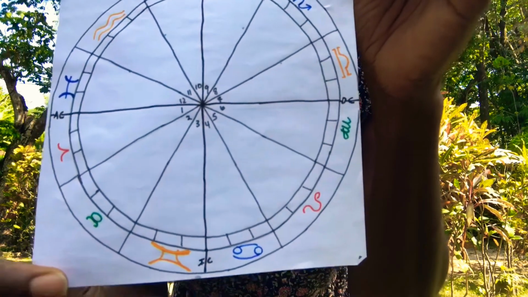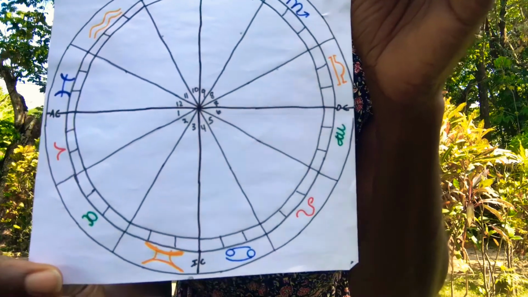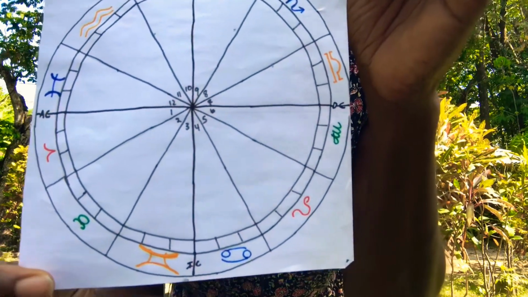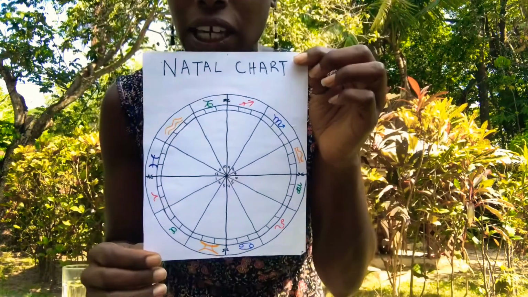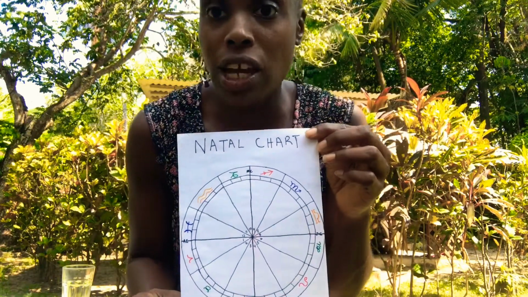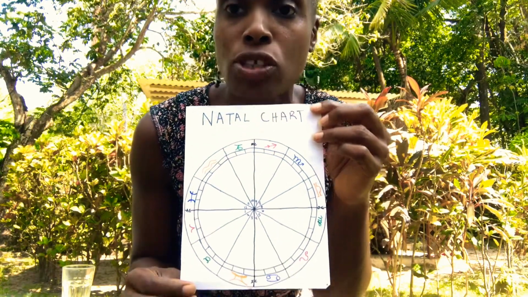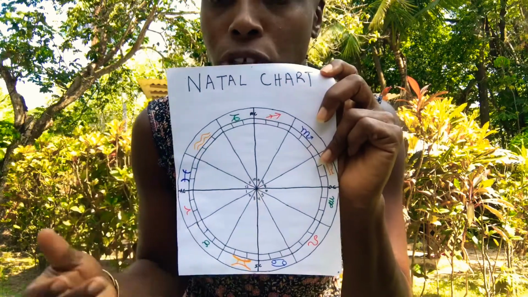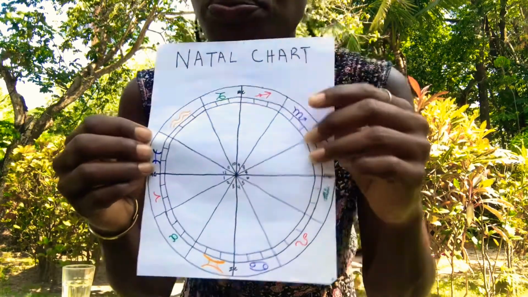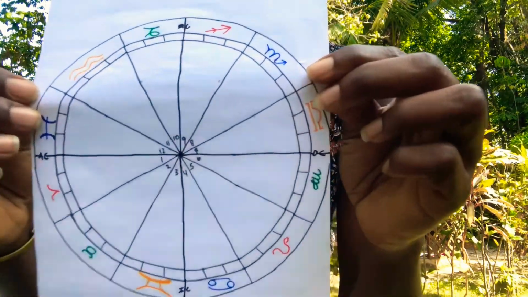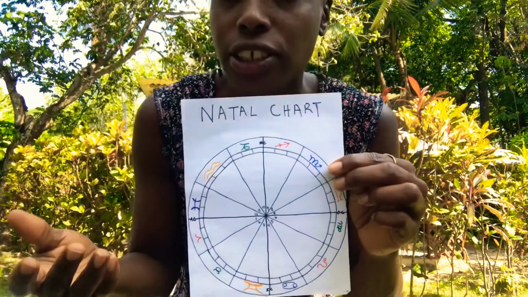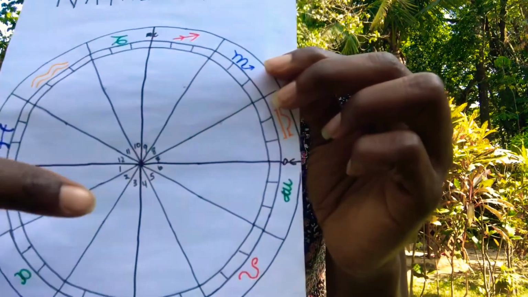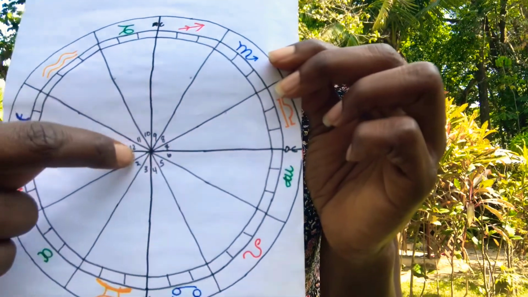So Taurus corresponds with the second house, Gemini with the third house, and Cancer with the fourth house, typically speaking, okay? But depending on the time of birth, what's going to be in your first house will change. But this is where you see the house numbers labeled.